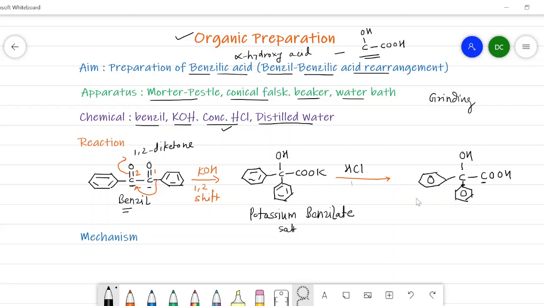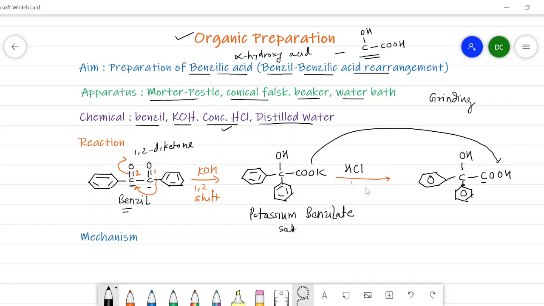So it is a benzilic acid. Only the change is that COOK is converted into COOH. So the first step is the rearrangement and the second step is nothing but the hydrolysis. In this way, we can convert benzil into benzilic acid.